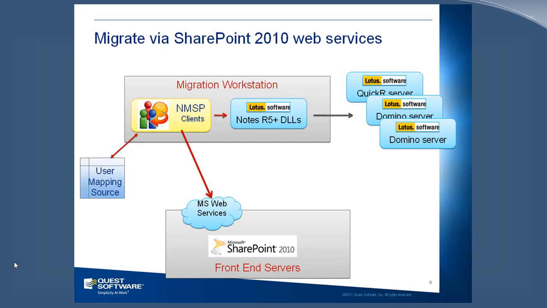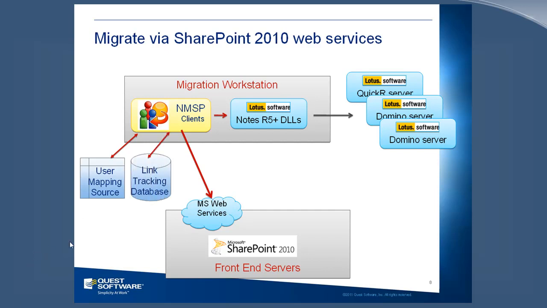Now we also have the user mapping source, which again may be a text file that has all the Notes users and how they map over to the AD users that SharePoint wants to see. Or we could be doing a lookup in Domino directory or Active Directory to try to correlate all the Notes names to AD names. And we have our link tracking database.